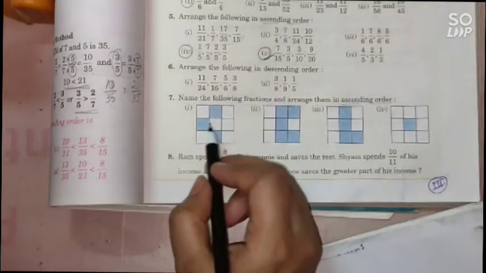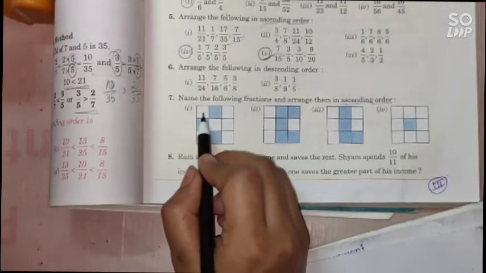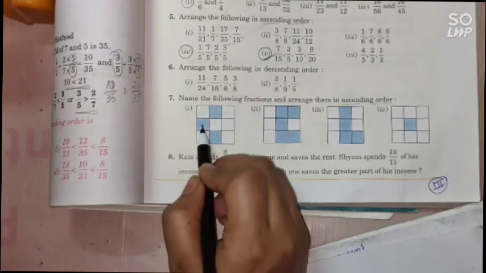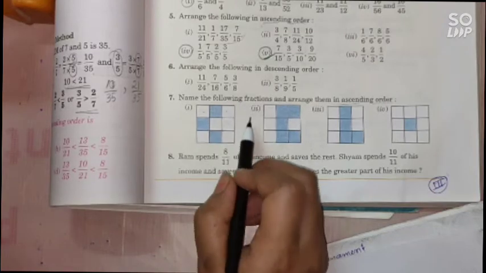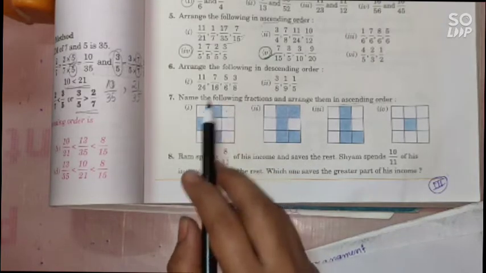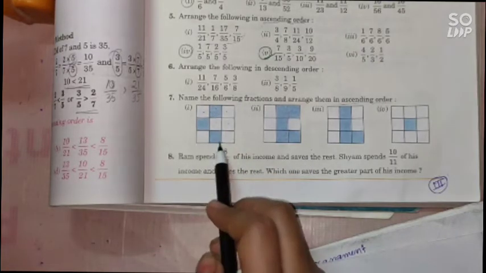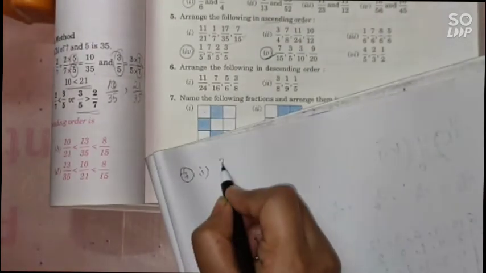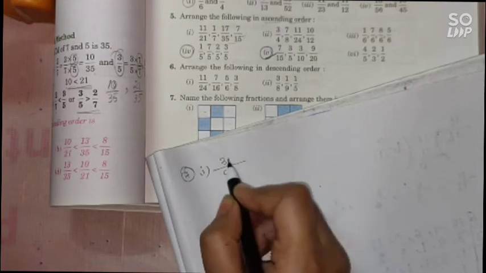Which fraction is denoted by this figure? This figure is divided into 1, 2, 3, 4, 5, 6, 7, 8, 9 parts, and from these 9 parts, 3 parts are shaded. So this figure denotes 3 upon 9.